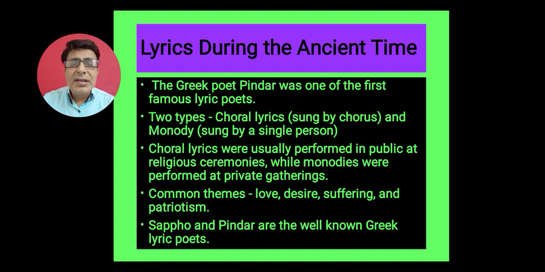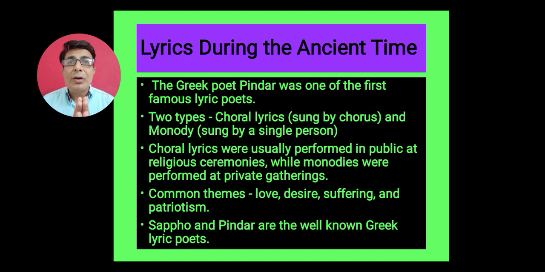And in the ancient times, in Greek literature, two kinds of lyric poetry were written and sung, right? And these two types are choral lyrics. Choral lyrics means sung by a chorus. Chorus means a group of singers. At the same time, 5 or 10 or sometimes 15 singers come together and sing together. That is known as a chorus.